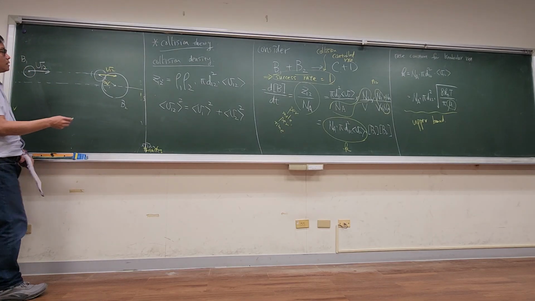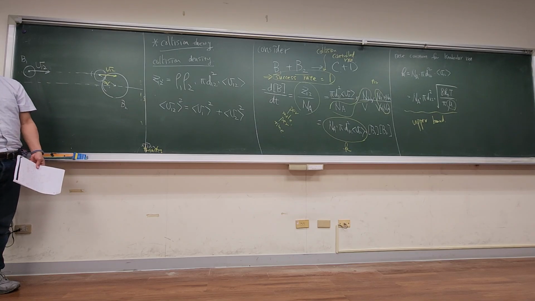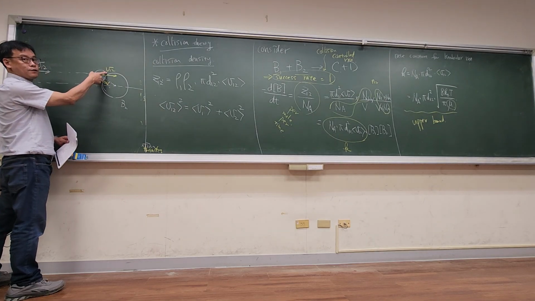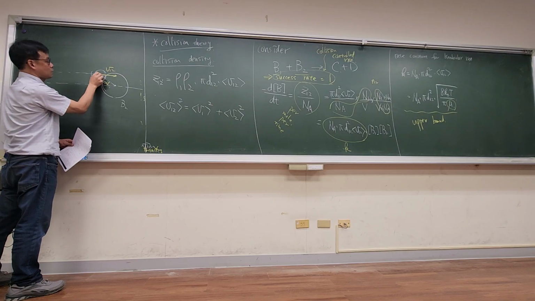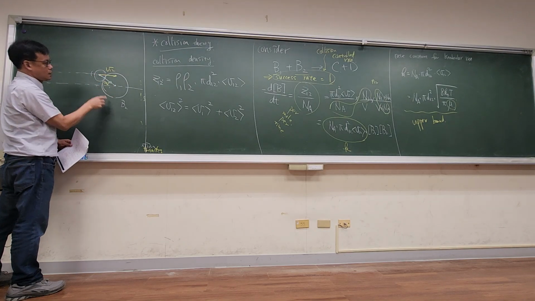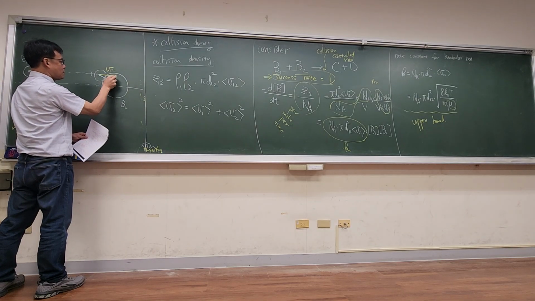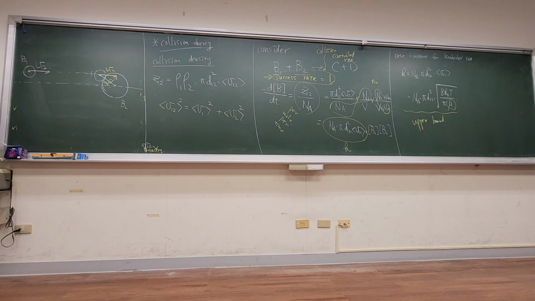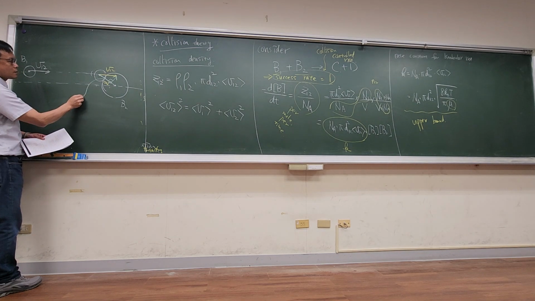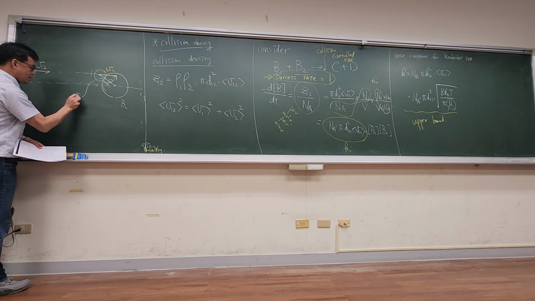Here is the critical thing. v12 can be separated into two components. One is along this center line, and another component is perpendicular to this center line. I'll call the component that's along the center line vR.